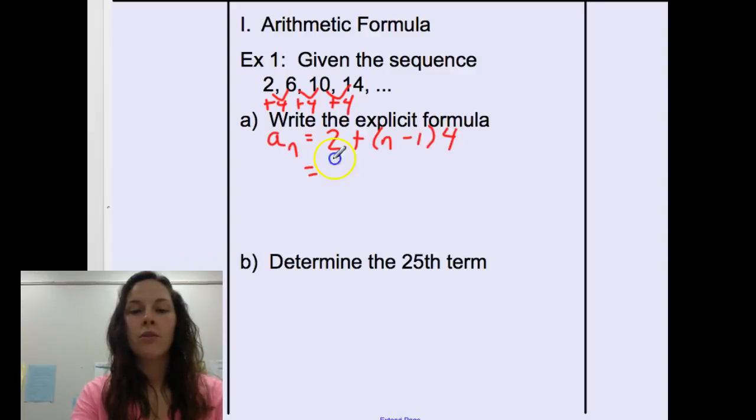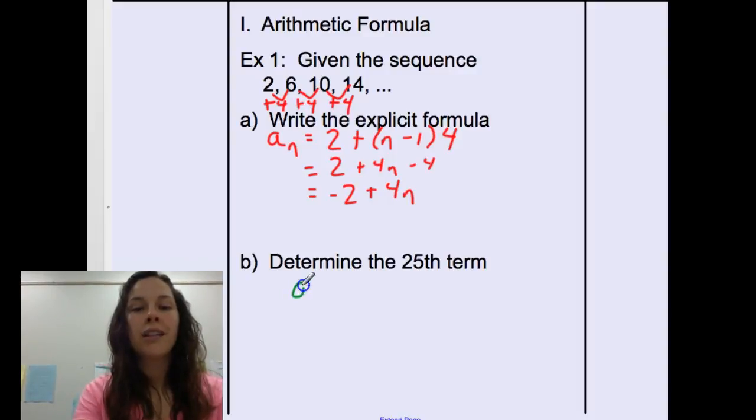So you can distribute that common difference and combine your like terms. So our explicit formula to find any term in the sequence that we want, we could substitute it into -2 plus 4n. And that's what we're asked to do on our next example, is find the 25th term.